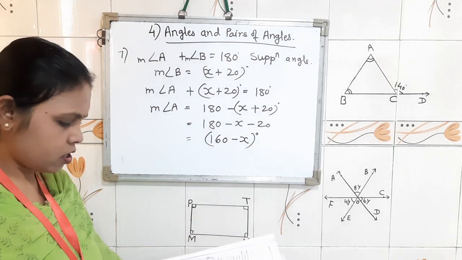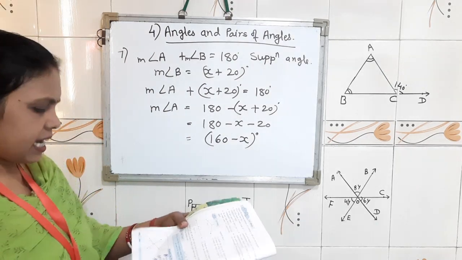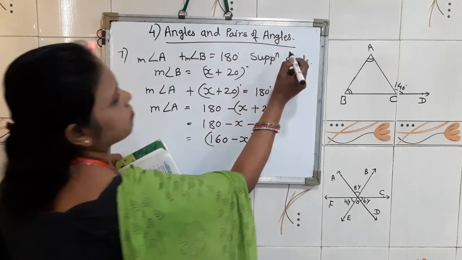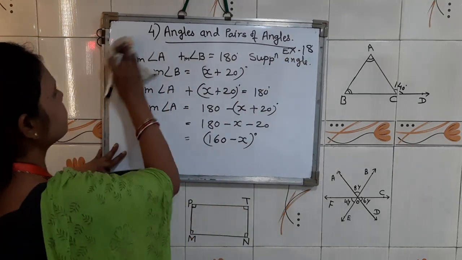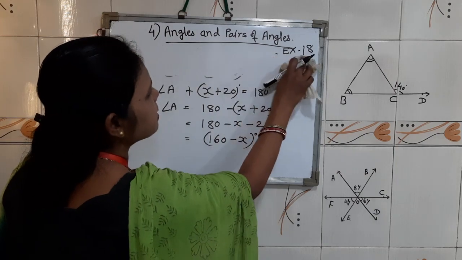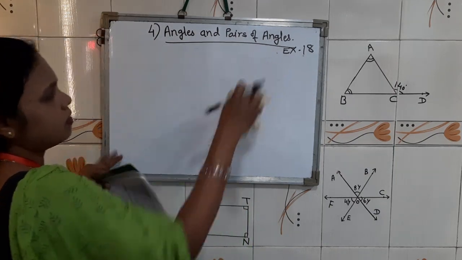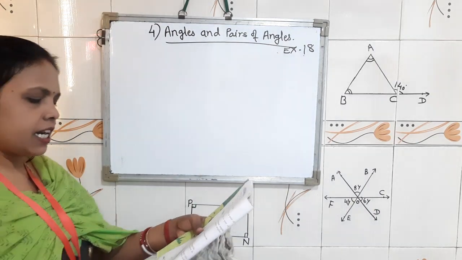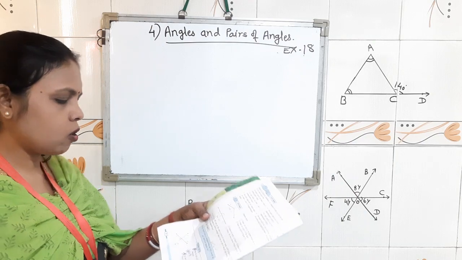So children, now we are moving to our exercise 18. In exercise 18, question number one is given. Name the opposite rays in the figure alongside.